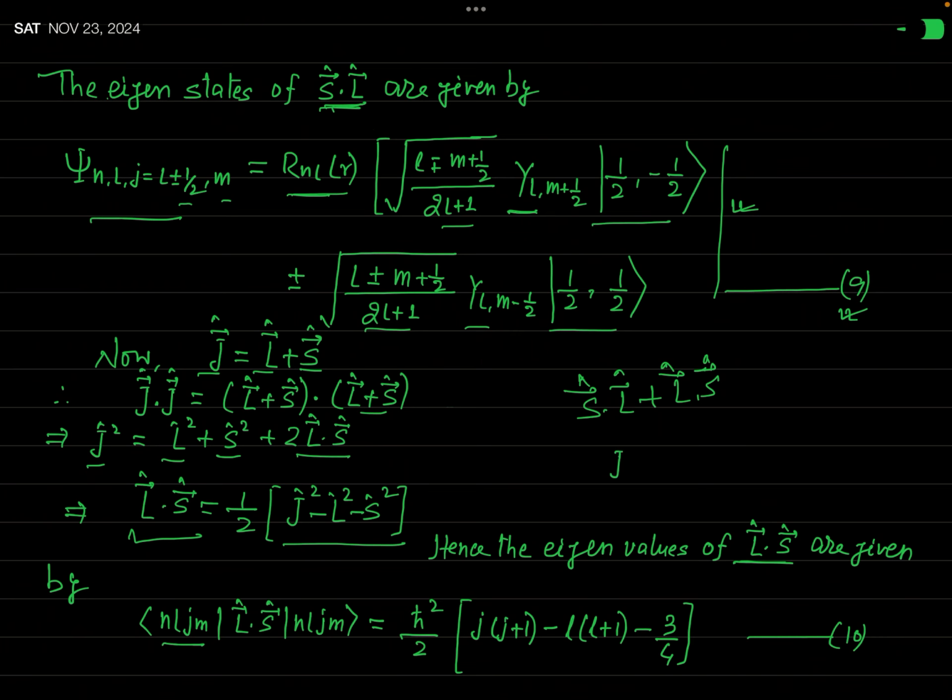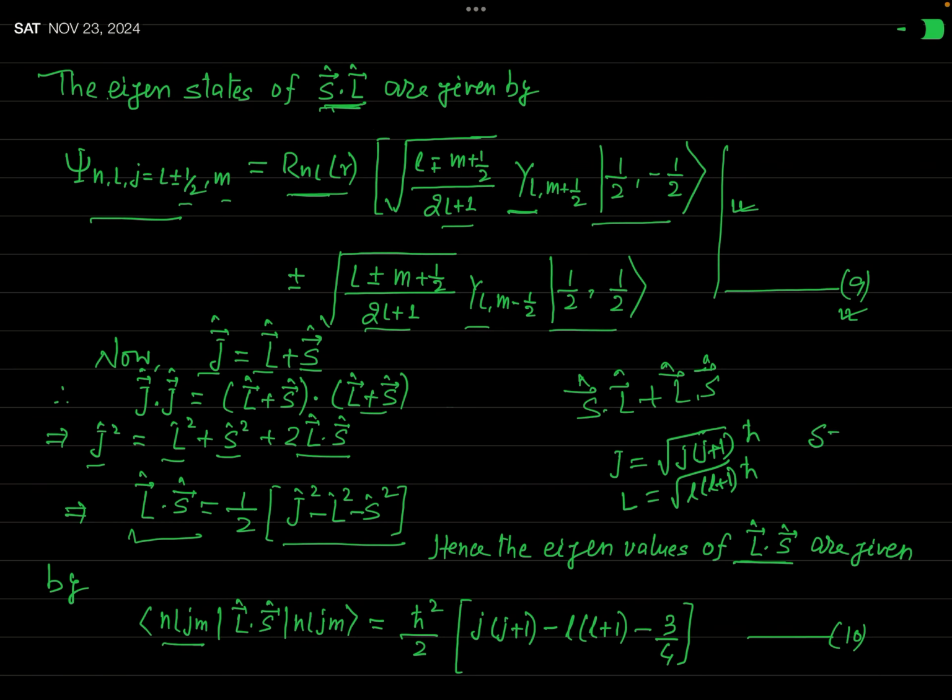And what will be this? The eigenvalue of the operator J is root over J into J plus 1 times H bar. The eigenvalue of L is root over small l into l plus 1 times H bar.